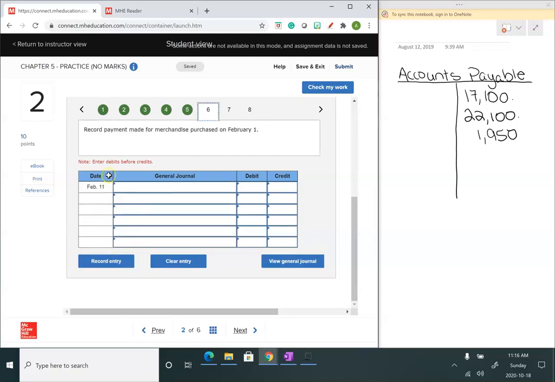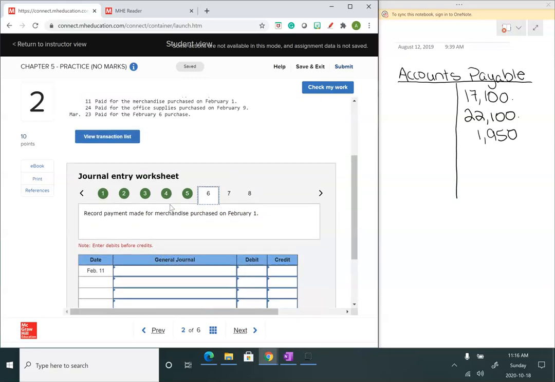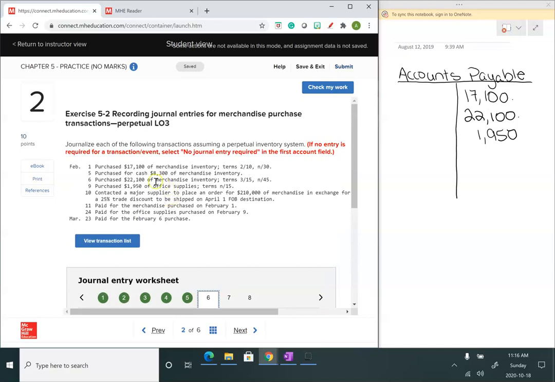Then February 11th, it says record payment made for merchandise purchased on February 1st. So let's go and see which one that was. So February 1st was the 17,100. So it was this one right here. If we paid it on the 11th, I believe we made the terms, so I can actually take the discount.